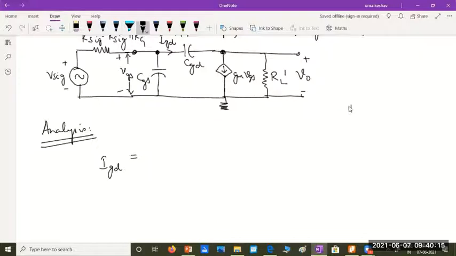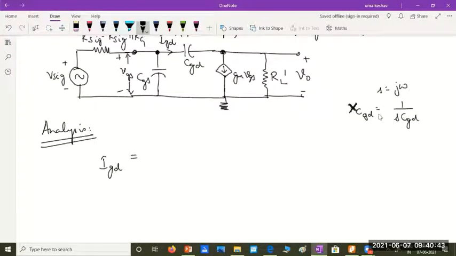What is the reactance of a capacitance? XCGD is 1 by SCGD. We can write it like this. S is nothing but J omega. In terms of S parameters, the capacitive reactance XCGD can be written as 1 by SCGD, and S is J omega.